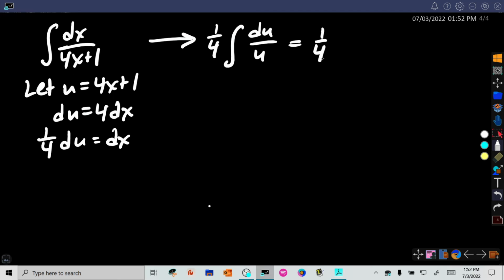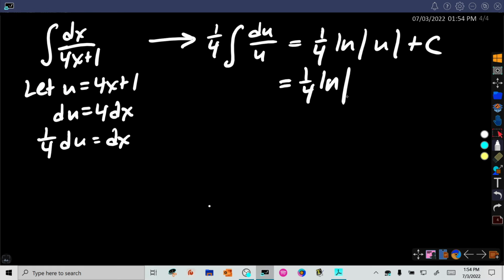So this is going to be 1/4 times the antiderivative of that, which is the natural log absolute value of u plus c. So we got 1/4 natural log absolute value of 4x plus 1 plus c. So there's our solution.